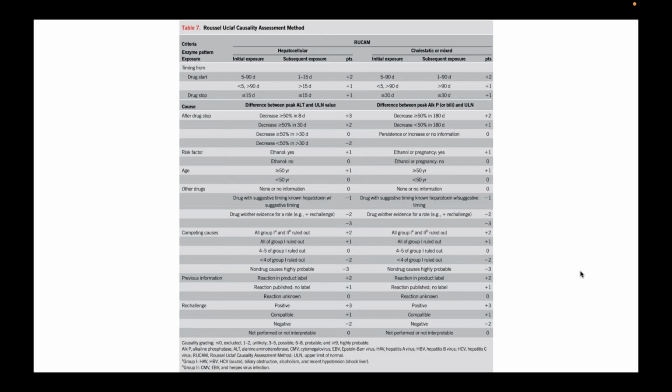The RUCAM is hardly ever used because it's pretty old and it doesn't even have viral hepatitis C in it. But you can still see it in some of the articles.